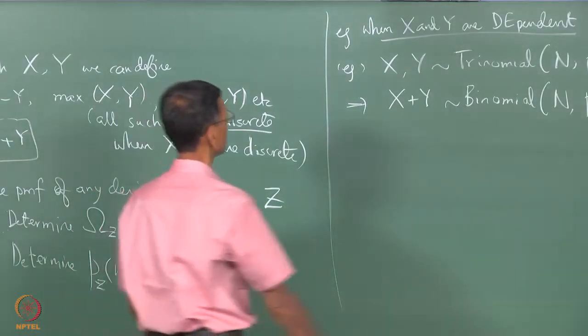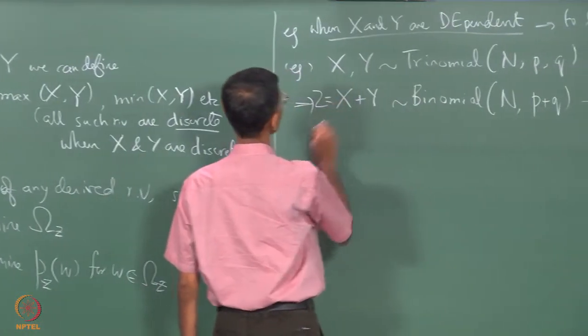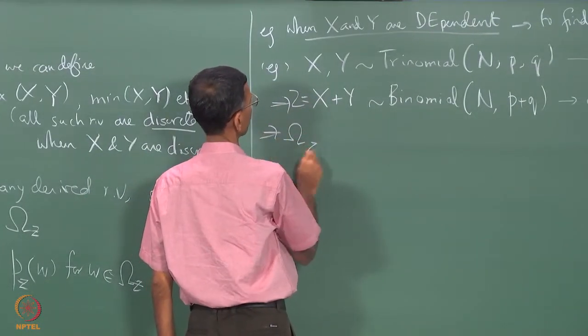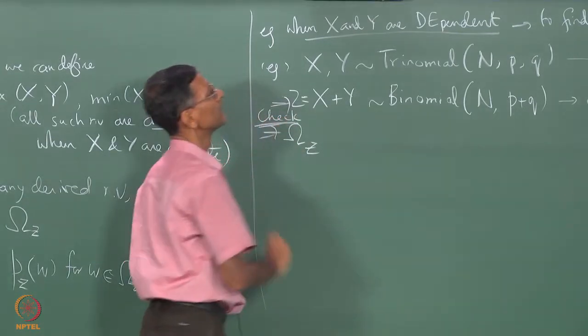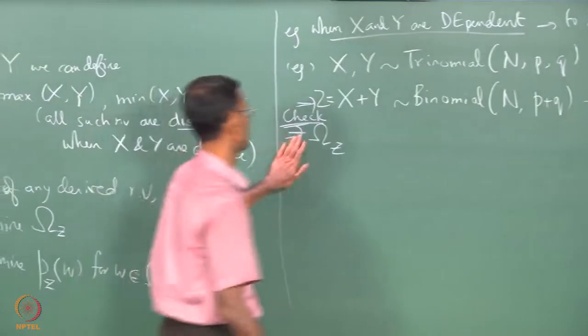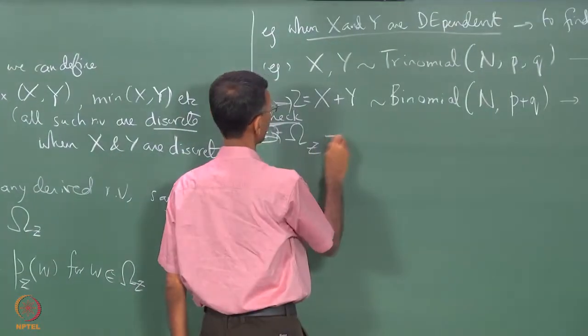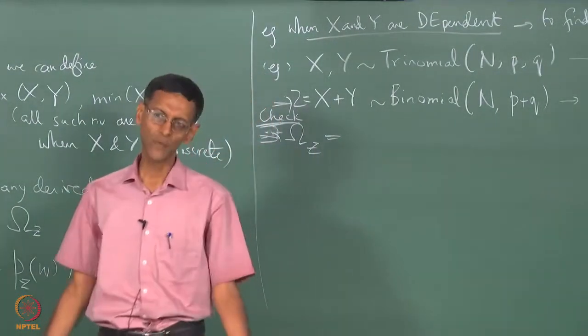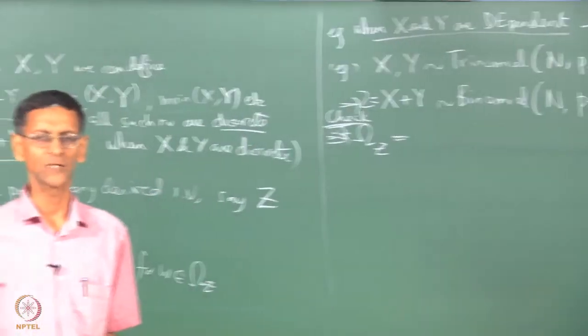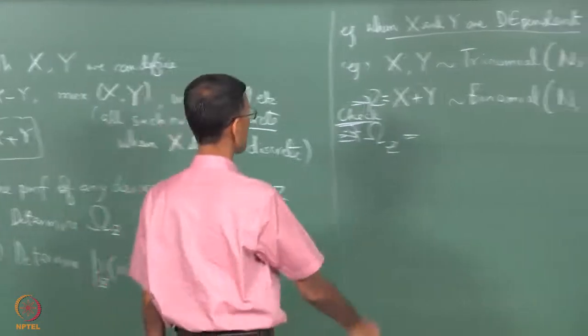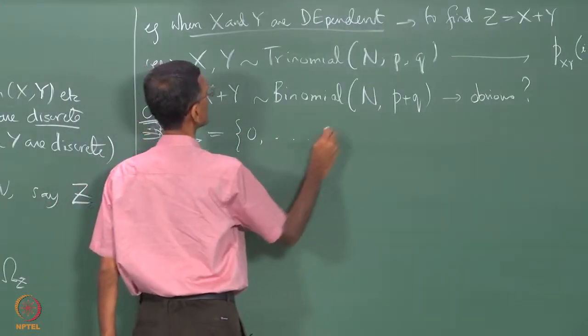So what is omega z? I am going to check this result. Omega z is what? Both x and y need not happen at all. So obviously z can also start from 0, or both x and y can be 0. So omega z starts from 0 and goes all the way up to n.